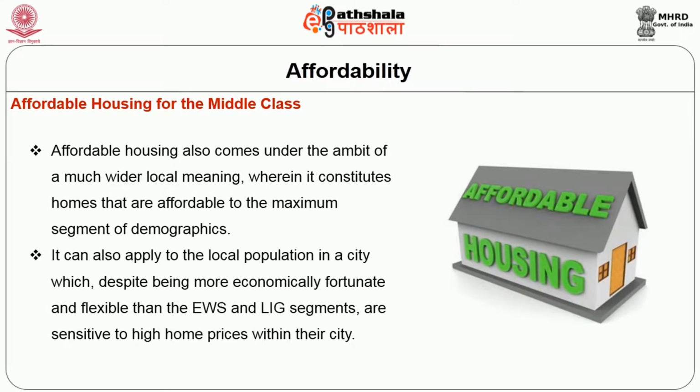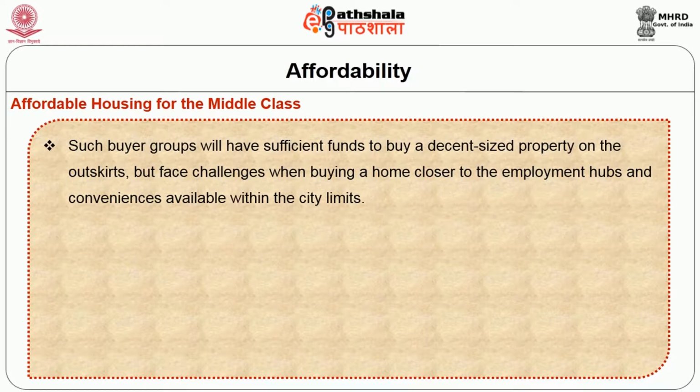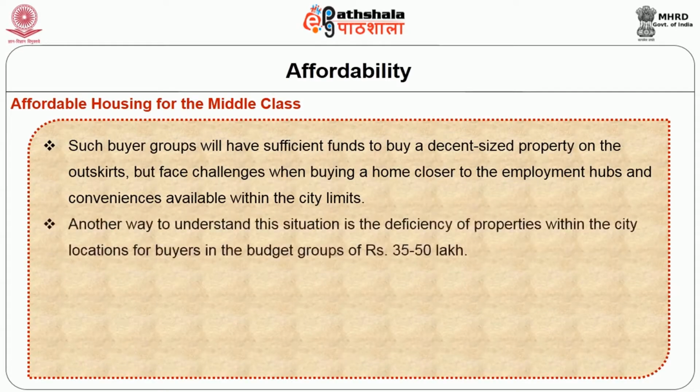It can also be applied to the local population in a city which, despite being more economically fortunate and flexible than the EWS and LIG segments, is sensitive to high home prices within their city. Such buyer groups will have sufficient funds to buy a decent sized property on the outskirts, but face challenges when buying a home closer to the employment hubs and conveniences available within the city limits.